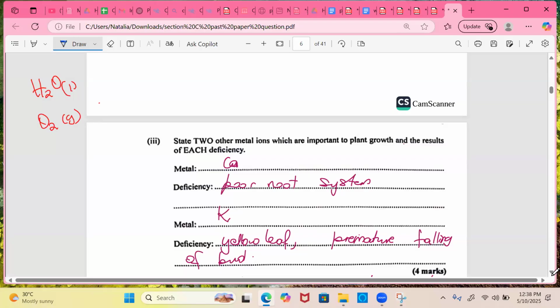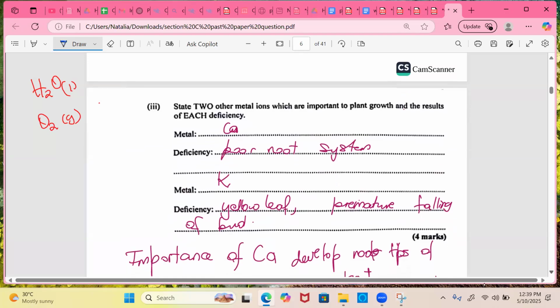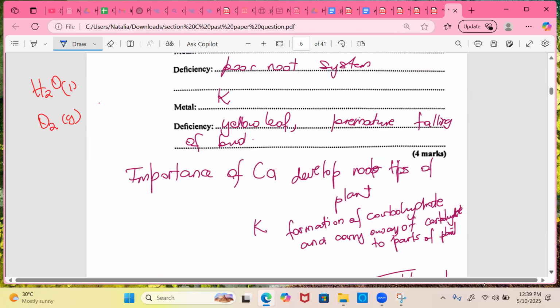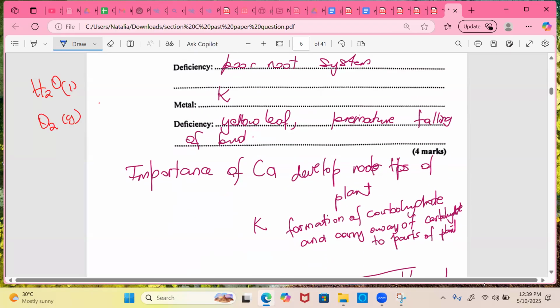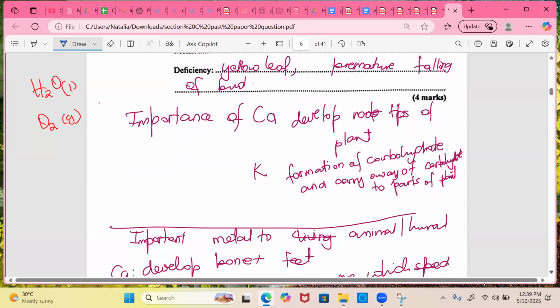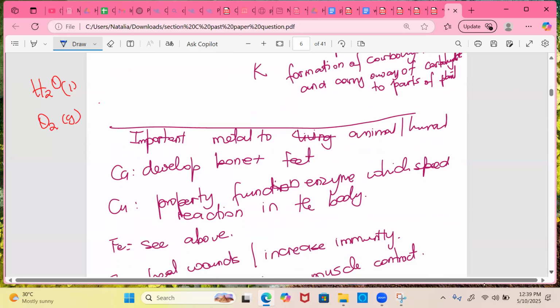Potassium deficiency causes yellowing of the leaves and premature falling of buds, so the buds fall before they become flowers. Importance of calcium: it develops root tips of plants. Potassium forms carbohydrates and carries carbohydrates to different parts of the plant. So those are their importance.